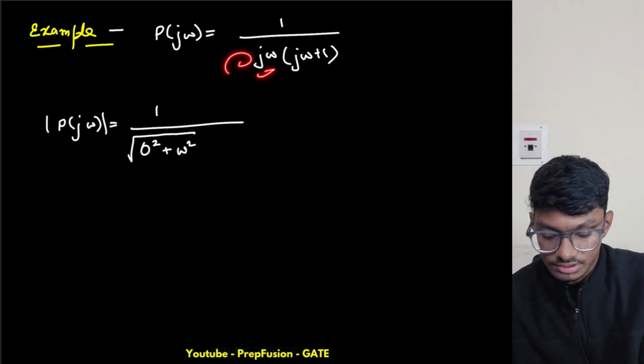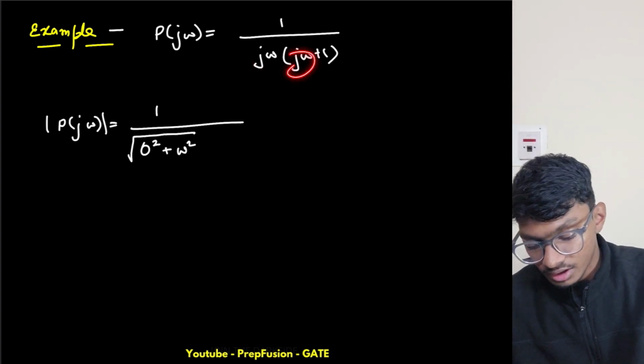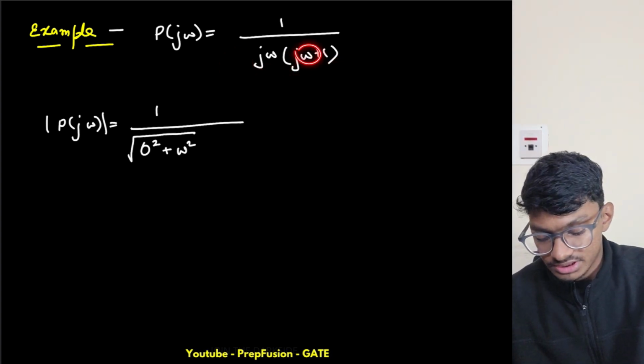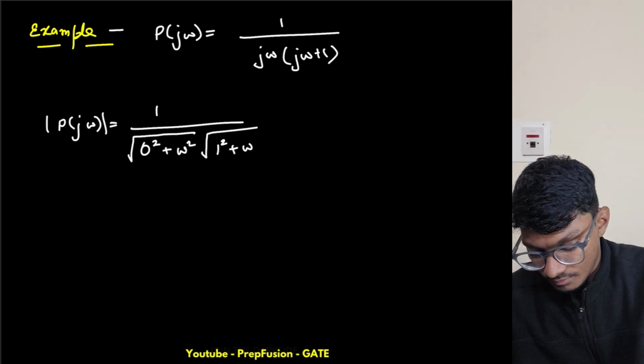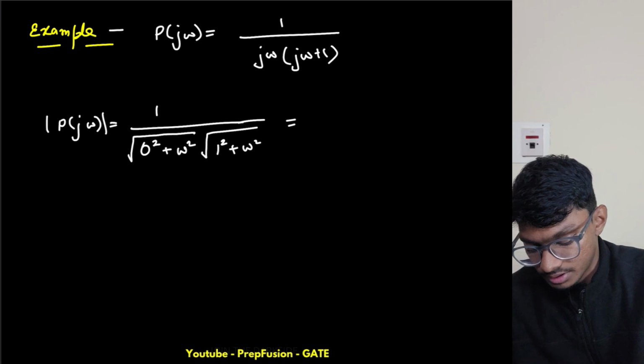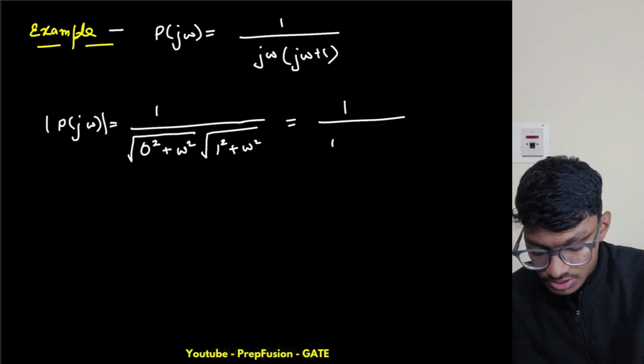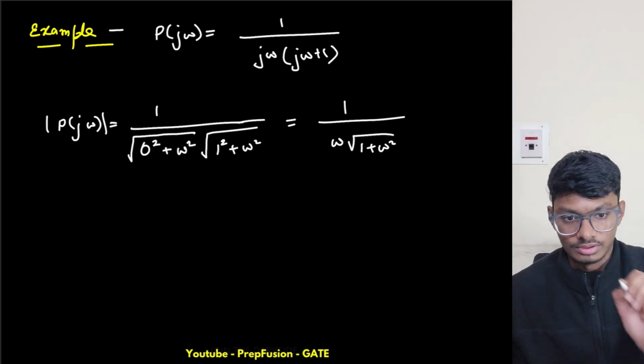So the real part is 0 and the imaginary part is omega itself. Here the real part is 1 and the imaginary part is omega itself, so it is 1 square plus omega square. So what I am left with is omega by the square root of 1 plus omega square. This is what I am left with.